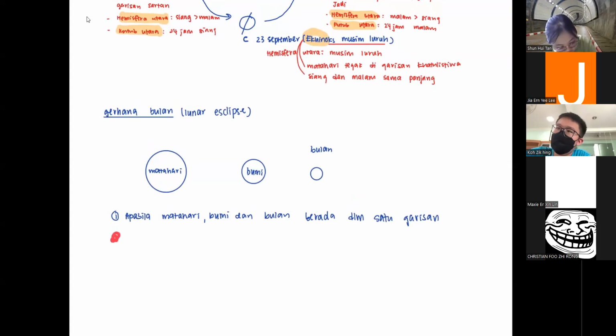The second sentence you're going to tell me is bumi akan melindungi cahaya matahari daripada terpancar refleks ke bulan.